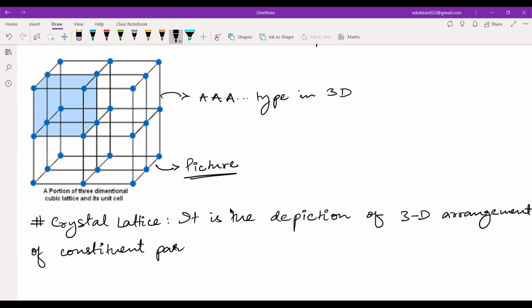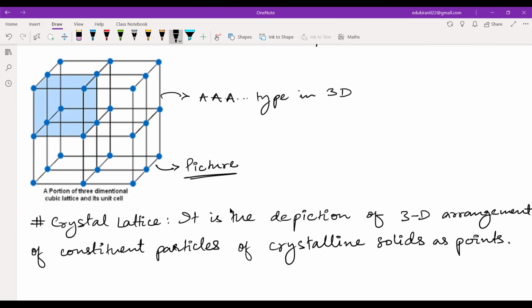Later on, you will see that it can be ions also, or molecules. The 3D arrangement of constituent particles of crystalline solids as points.